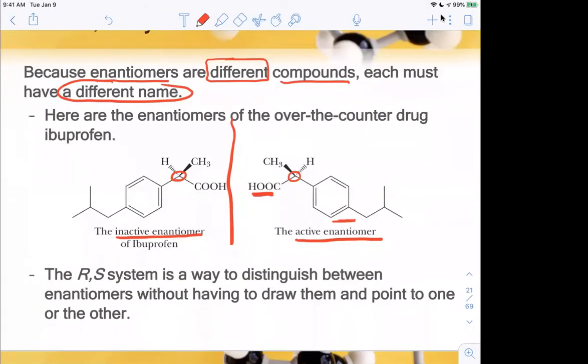Notice those are mirror images of each other. So they are the same compound except for the spatial orientation of groups attached to that chiral carbon. I can use this RS system in order to differentiate between these two enantiomers.